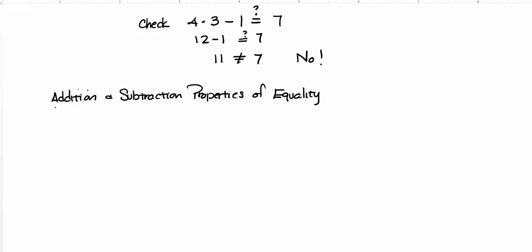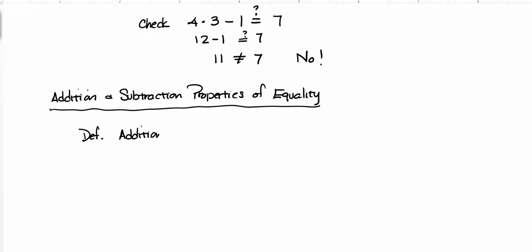First, the addition property of equality. Again, we're talking about equations, so we need to start thinking of this as something that's completely balanced. We have two sides, the left side of the equal sign and the right side. We only have sides when we're talking about equations, when there's an equal sign.